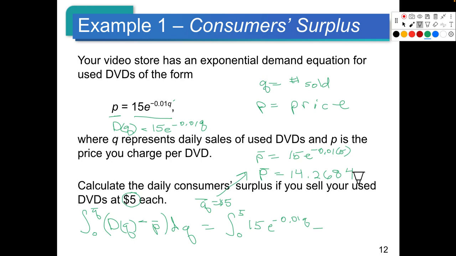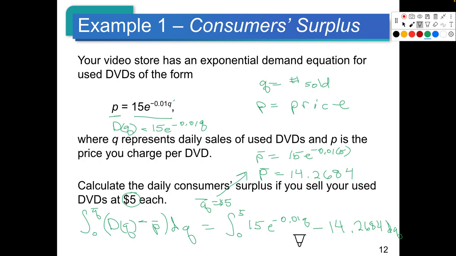But if I go out a little further, I can round at the end. Does that make sense? Check me on this. It worked. Okay, good. So that's going in for P bar, which is here, 14.2684 dq.